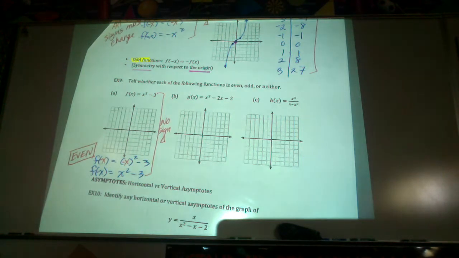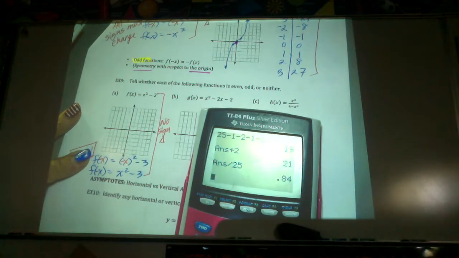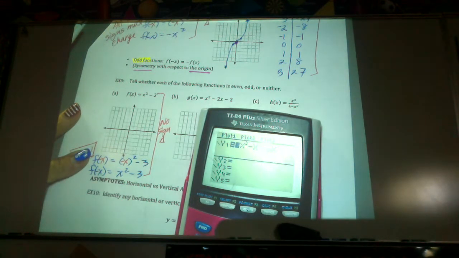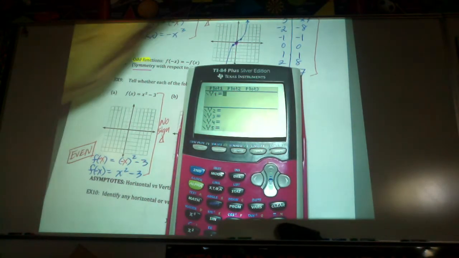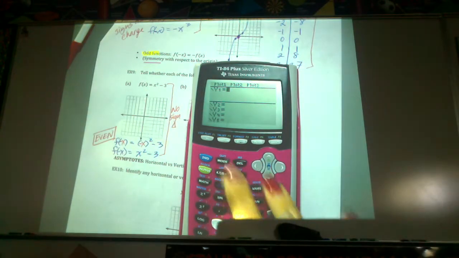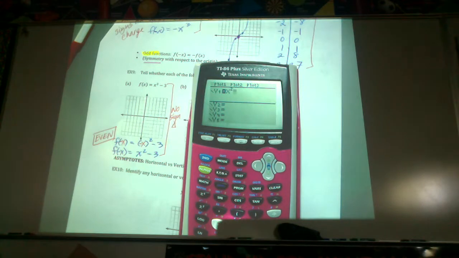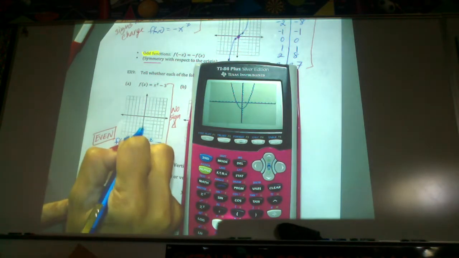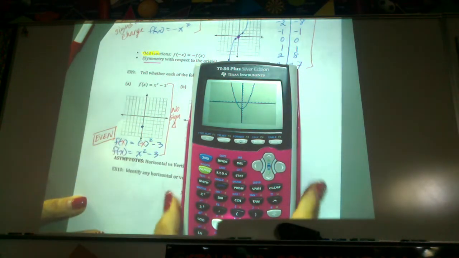But we're going to support it with a graph. So we're going to throw it in our calculator. So I've got x squared minus 3. So it happens to be a parabola that has its vertex at -3 on the y-axis.